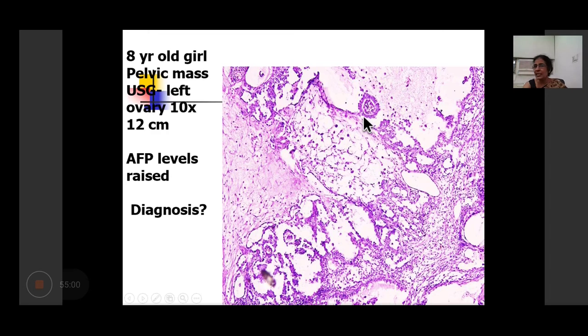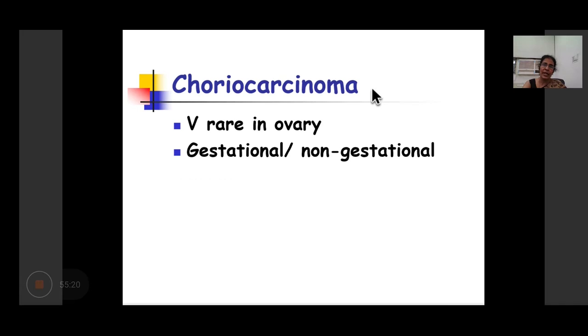So tumor cells present around a central capillary, and this is called the Schiller-Duval body. So an 8-year-old child presenting with a pelvic mass, ultrasound shows an enlarged ovary of 10 to 12 centimeters in size. Alpha fetoprotein is raised and Schiller-Duval bodies are present on microscopic examination. The tumor is a yolk sac tumor or endodermal sinus tumor.